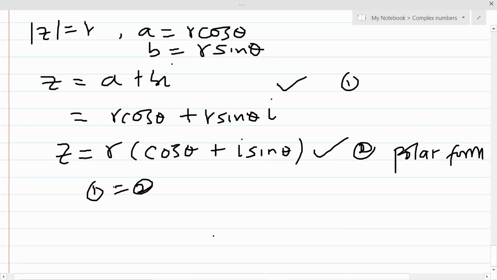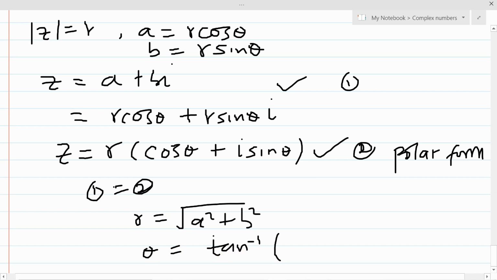So if you have a complex number and you are asked to change it to polar form, just change your a and b to r cos theta and r sine theta, and you'll be done, where r is always equal to the square root of a squared plus b squared, and theta is equal to tan inverse of b over a. I hope this is okay.